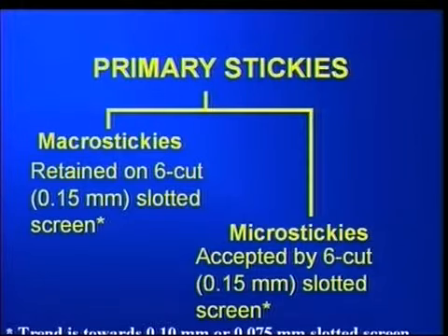Some people have used a somewhat smaller slot size, for example 0.01 inch or 0.075 inch and so on. So we don't have any standard procedure for selecting the size of the slots, but most common is the 6-cut, and some people use 4-cut or 3-cut.